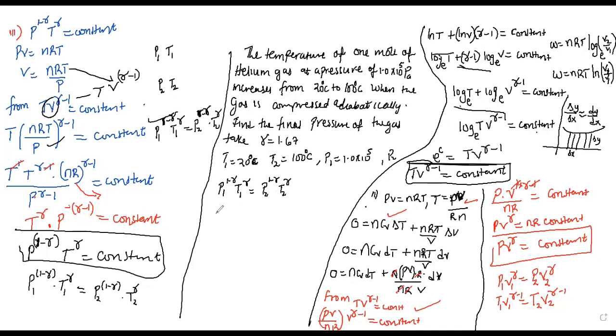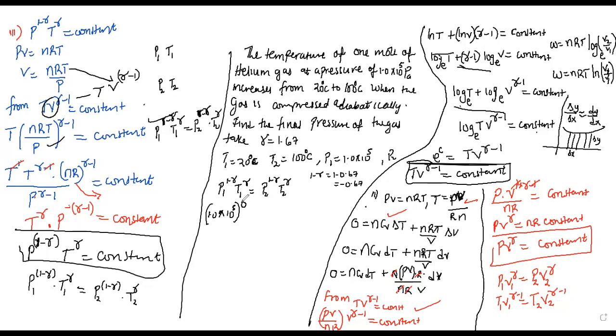So when you make the substitution, we shall have P1 as 1.0 times 10 power 5, to the power 1 minus gamma, which is 1 minus 1.67, which is negative 0.67.